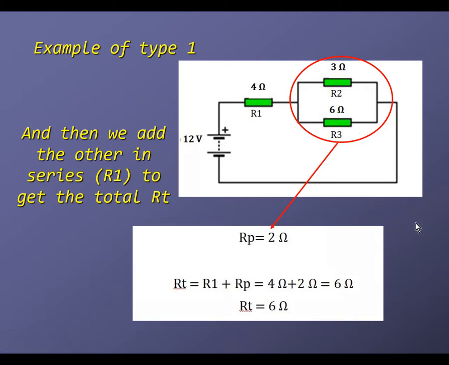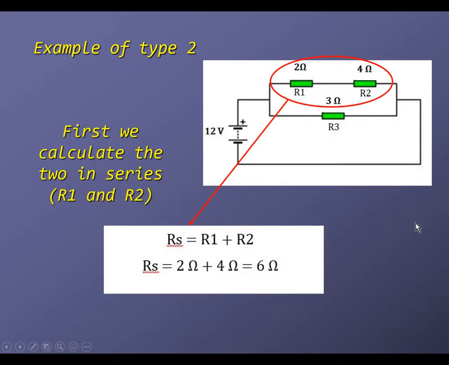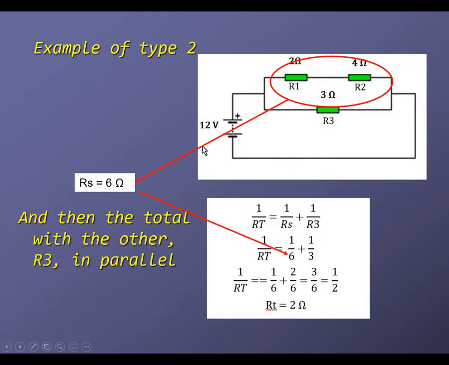Okay, so next example, we have the type number 2, in which we have two resistances in series, and these two are in parallel with the other. So first step is solving the series connection. It's very easy. We only had to add 4 plus 2, and then we get 6 ohms. So these two resistances are equivalent to a single resistance of 6 ohms. And then once we have this, we have to solve the parallel connection.